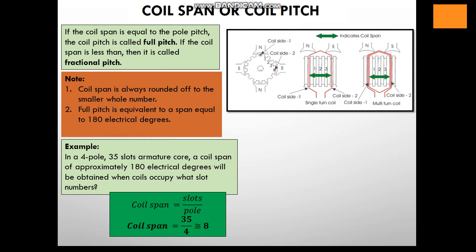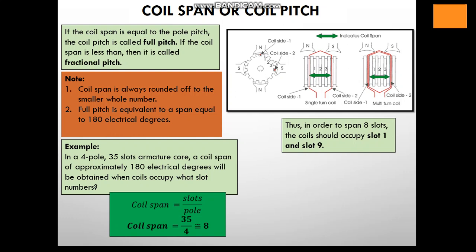Since we have 35 slots and 4 poles, we have a coil span of approximately 8. To span 8 slots, the coil should occupy slot 1 and slot 9.